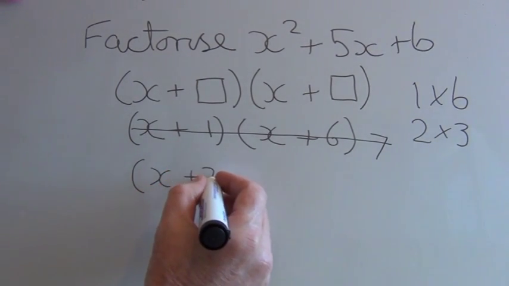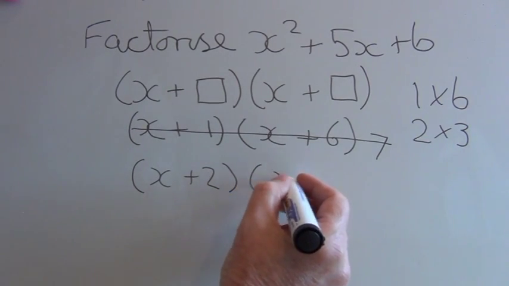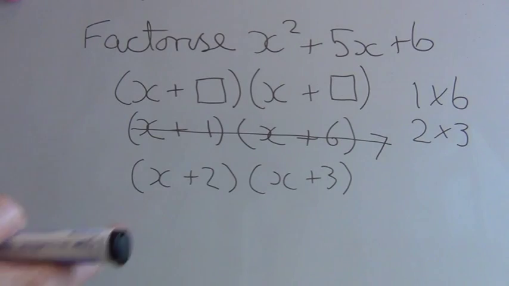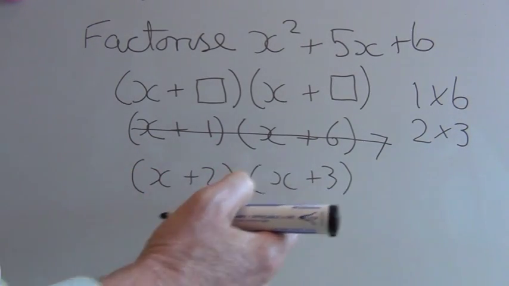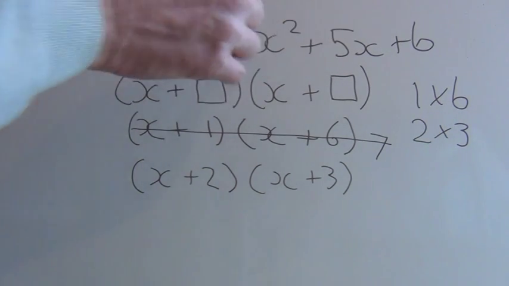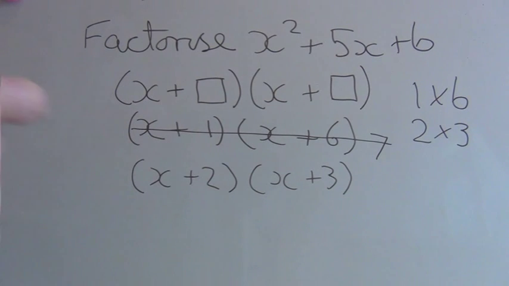So let's have a look at the next one. x plus 2 and x plus 3. So we have 2 times x and 3 times x. Add those x's together, so we have 5x. So that is our coefficient. So this is the term that we want.